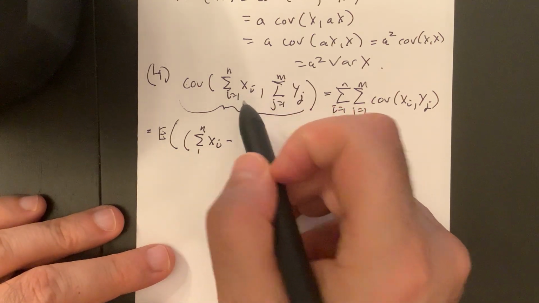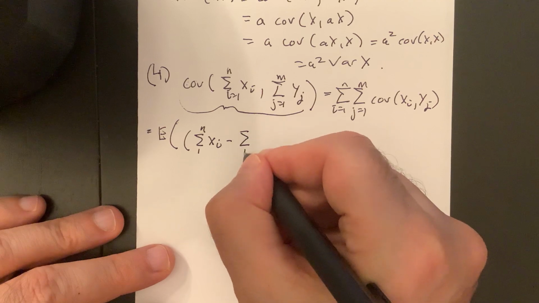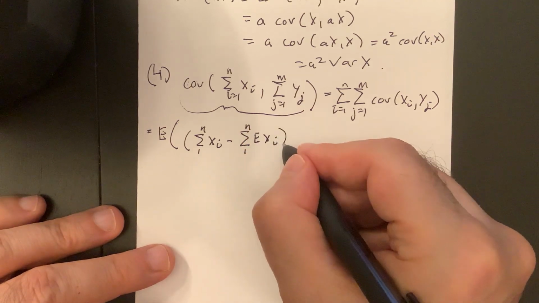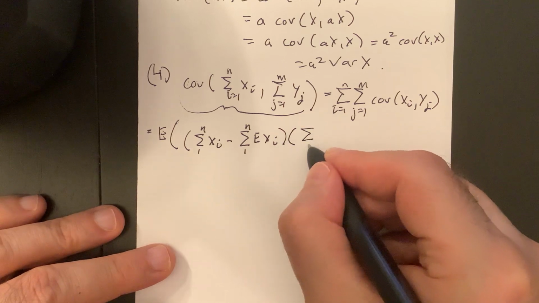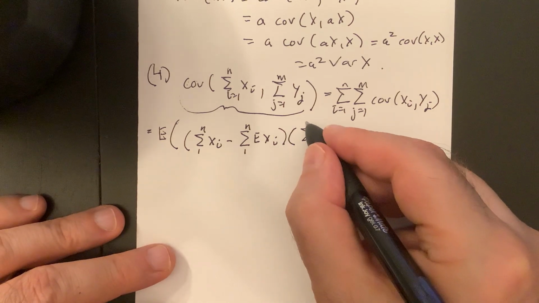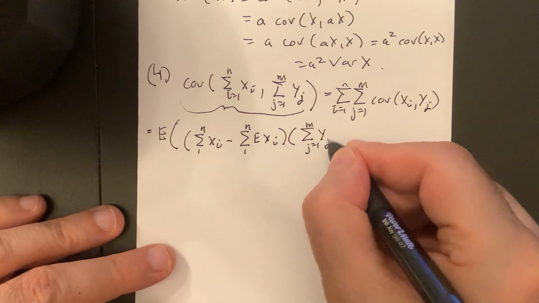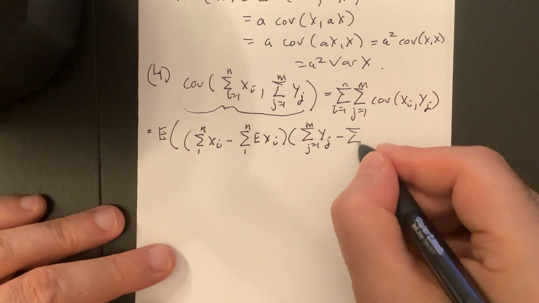The mean of that I can bring the E inside, so I get the sum from 1 to n. And now minus the mean, I can bring the mean inside.